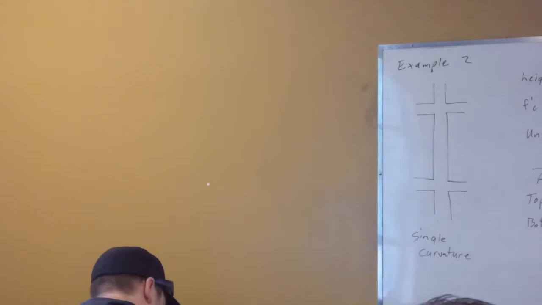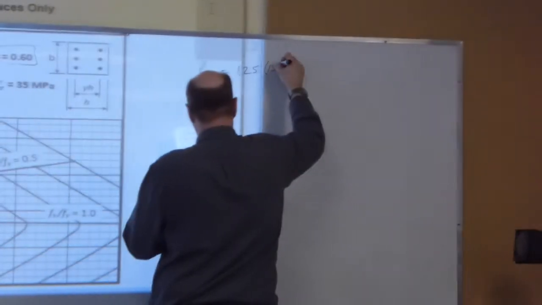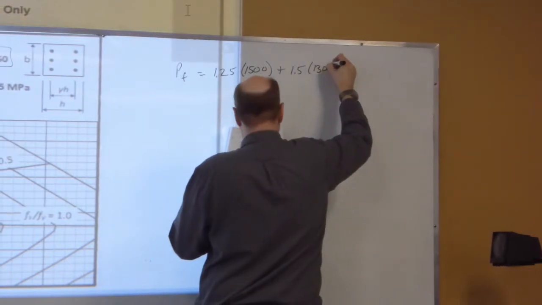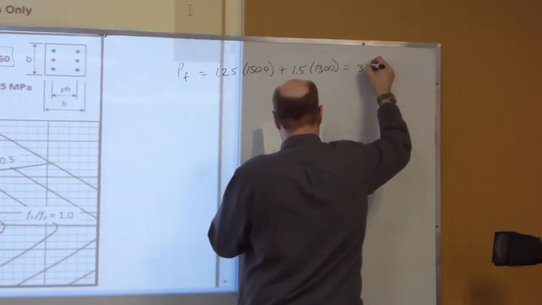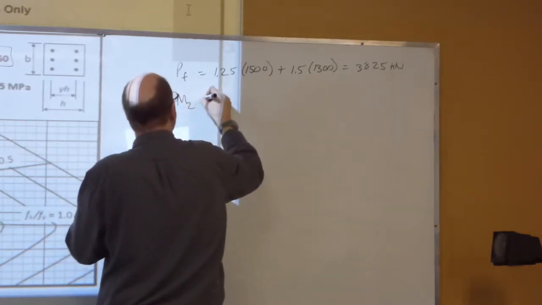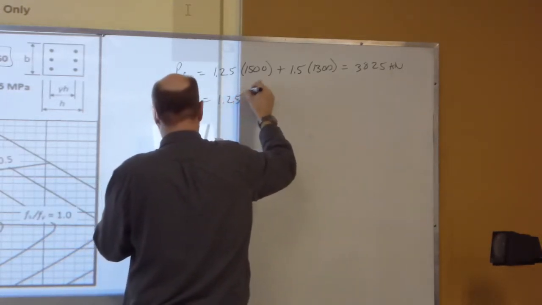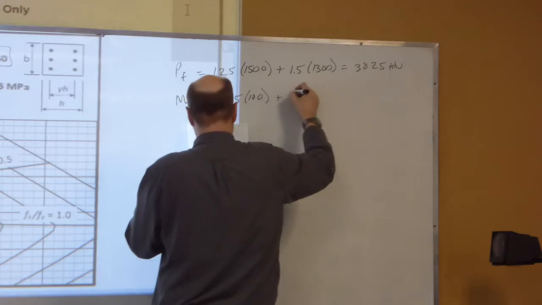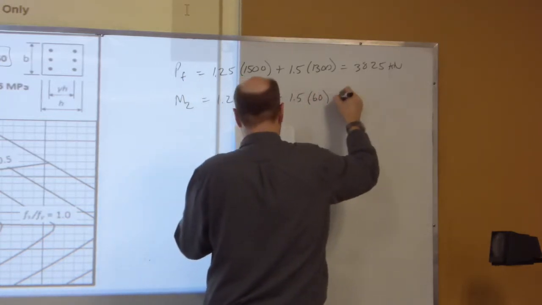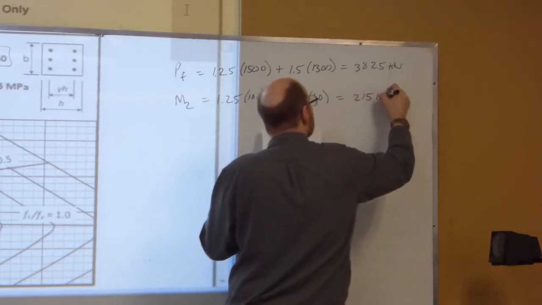So PF, 1.25 dead, plus 1.5 live, 3.25 kilonewtons. Our M2, again, it's the larger value, 215 kilonewton meters.